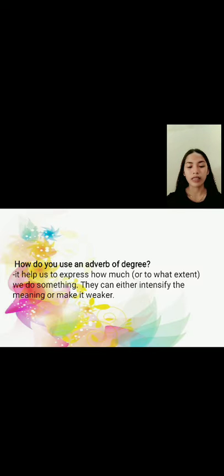So extremely, it is the highest degree of the adverbs of degree. So adverbs of degree can also be weaker. So for example, I am fairly certain I locked the door. So fairly is the adverbs of degree.